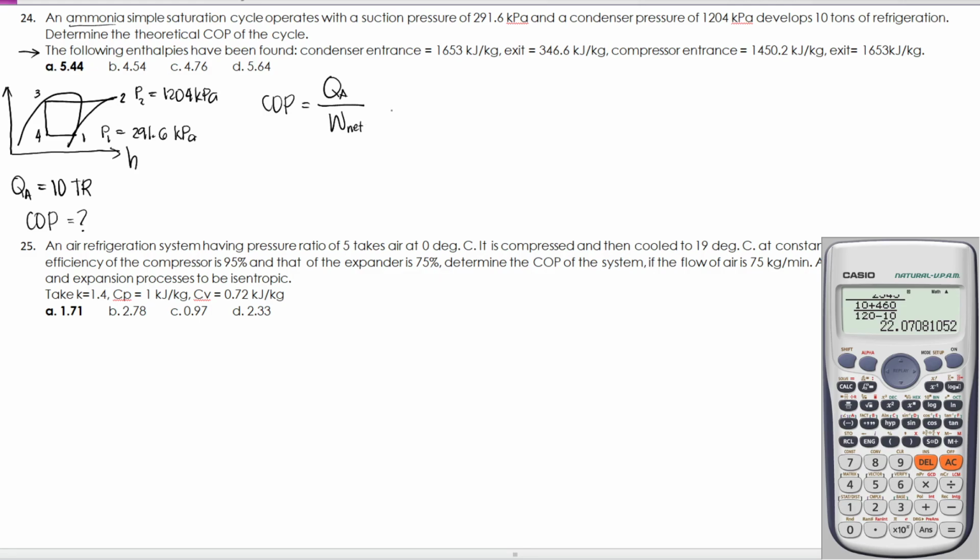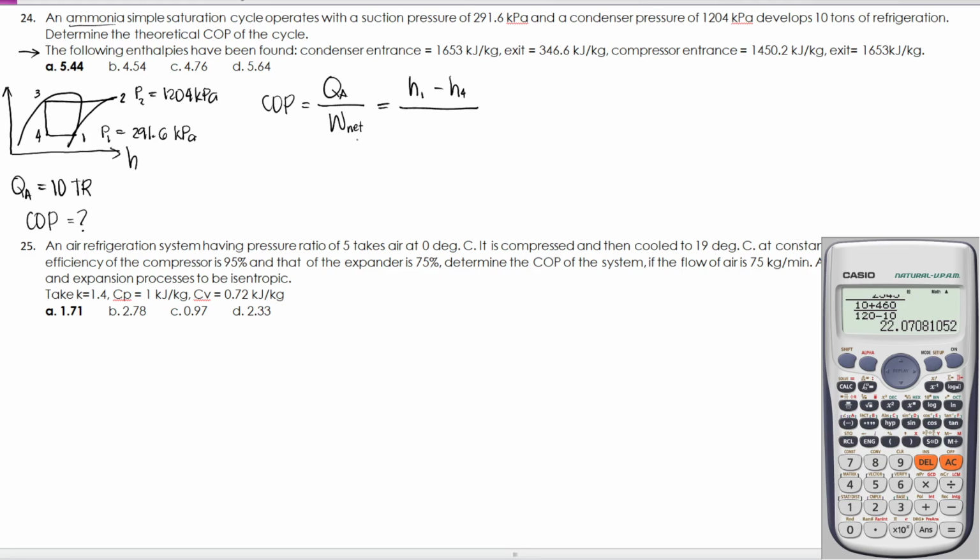Okay? QA over work net input. Yung QA natin ay nangyayari dito sa process 4 to 1. So, kung i-apply natin ang energy balance sa process 4 to 1, ang QA is equal sa H1 minus H4.